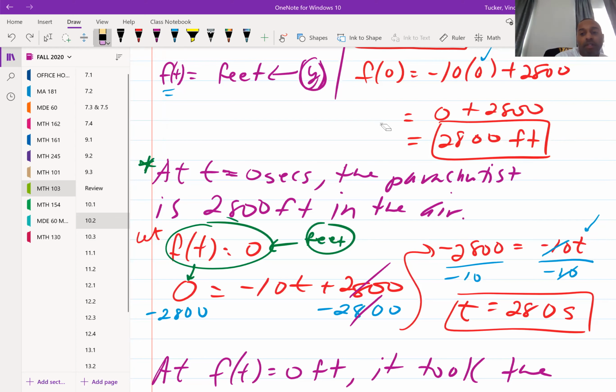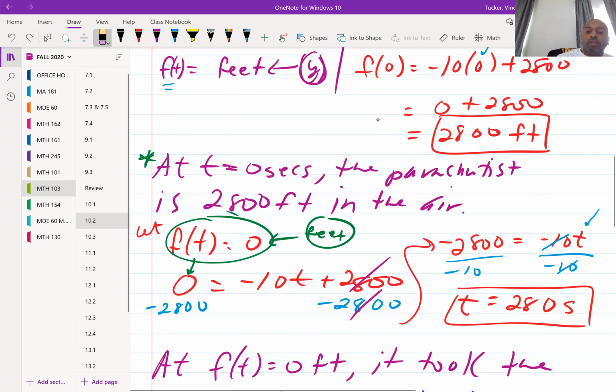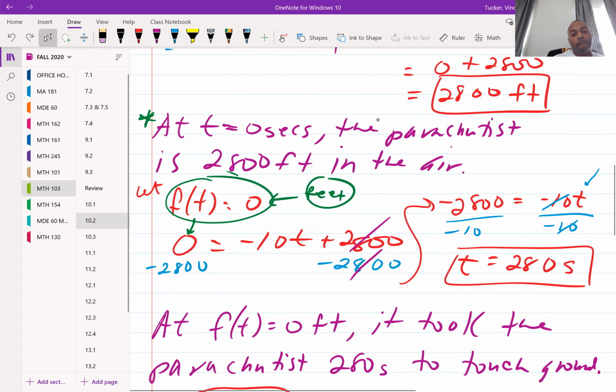And that gives us t equal to 280 seconds. So what that means is that when the feet is 0, it'll take 280 seconds for the parachutist to touch the ground. All right, so 0 feet above the ground.